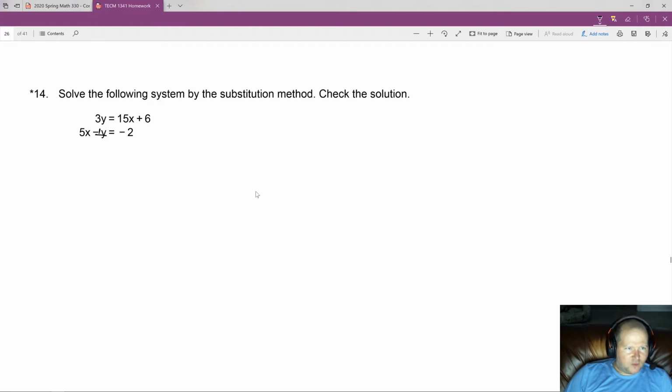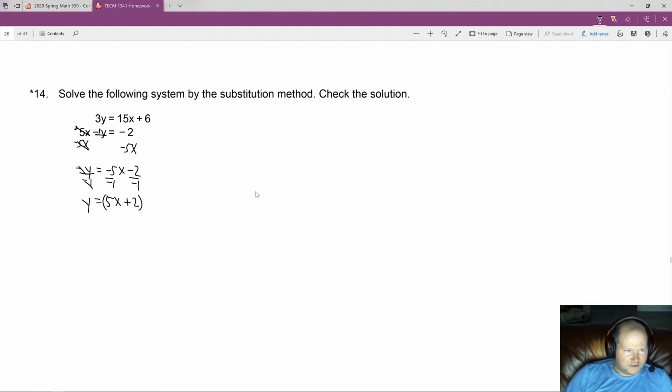I need to get that negative y, or subtraction y, by itself, so I have to get rid of that positive 5x by subtracting 5x, and whatever I do to one side, I do to the other. Those cancel out, leaving me negative y is equal to negative 5x minus 2. Next, I don't want a negative y, I want a positive y. So I'm going to divide everything by negative 1, and that will give me positive y is equal to positive 5x plus 2.